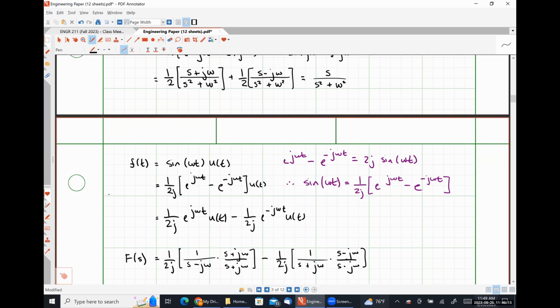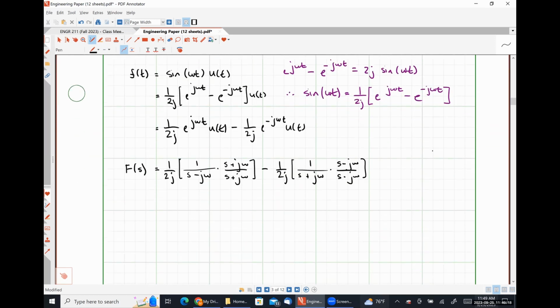Okay. So that's going to look like 1 over 2j times s plus j omega over s squared plus omega squared, minus 1 over 2j times s minus j omega over s squared plus omega squared.